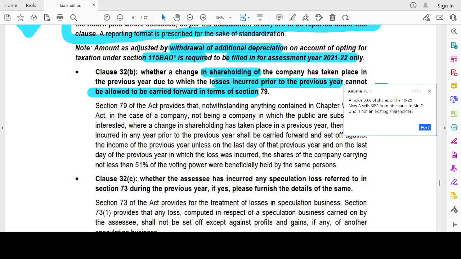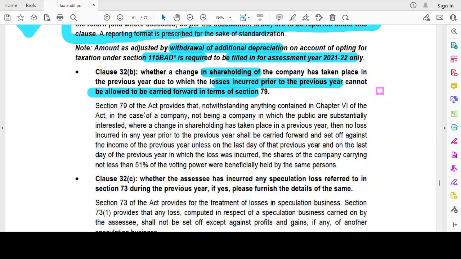So now, can losses of previous year 19-20 be carried forward? The answer is no. Because the shares carrying not less than 51% of the voting power are not beneficially held by the same persons. Is this fulfilled? No. That's why we cannot carry it forward.